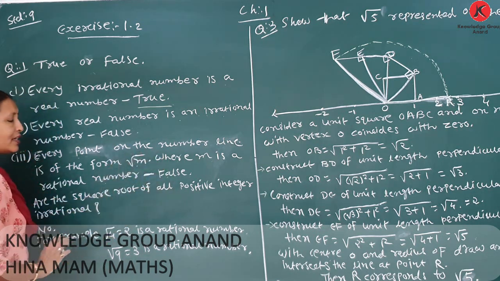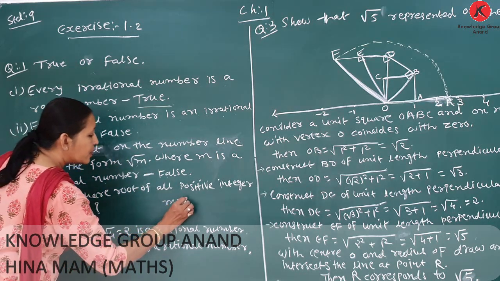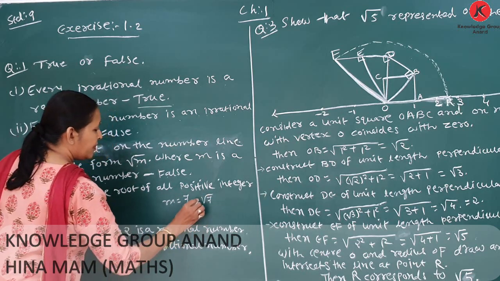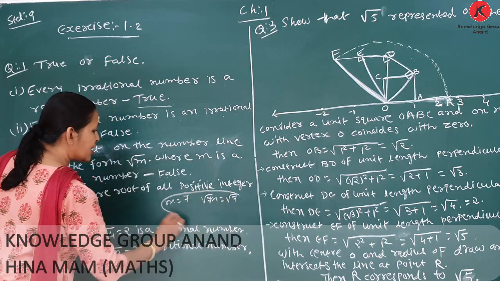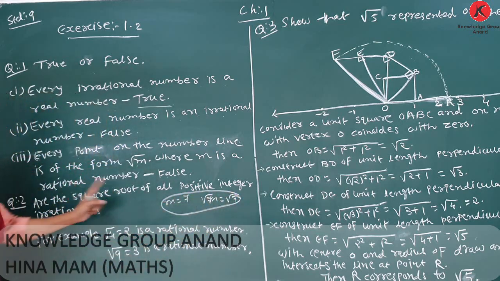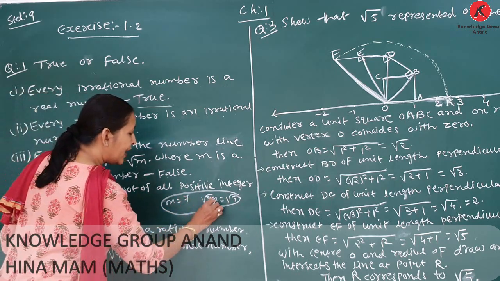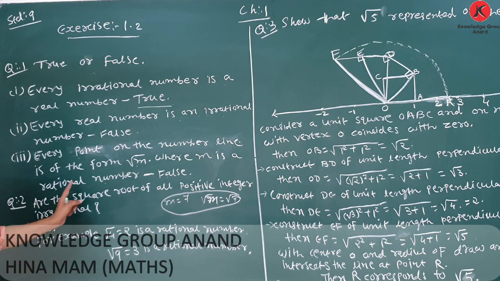Root m is a rational number? Suppose m is equal to 7. Root m is equal to root 7, which is not a rational number. It is an irrational number. Therefore, this statement is wrong.